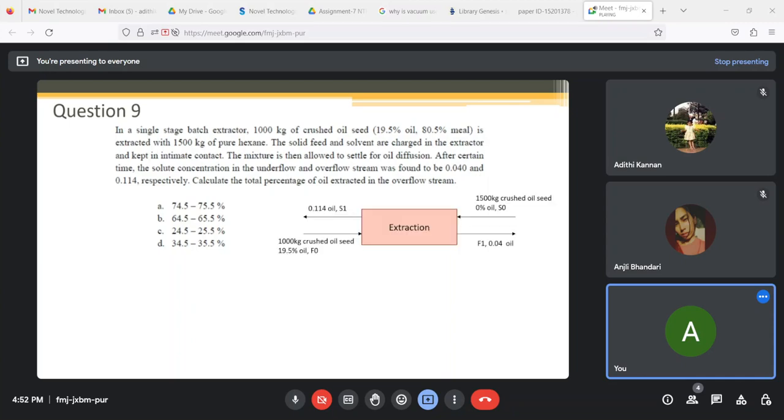To give a pictorial representation, you again have four streams in the extraction process.